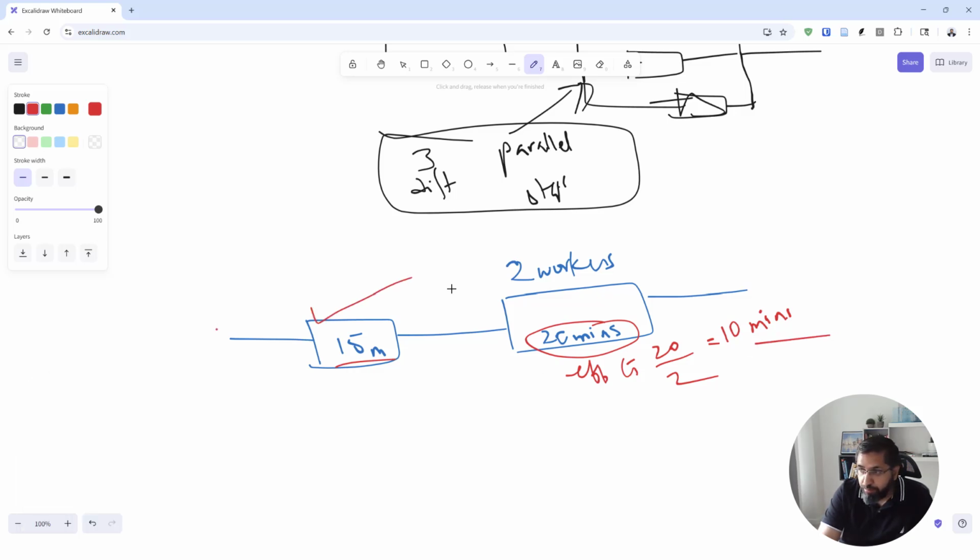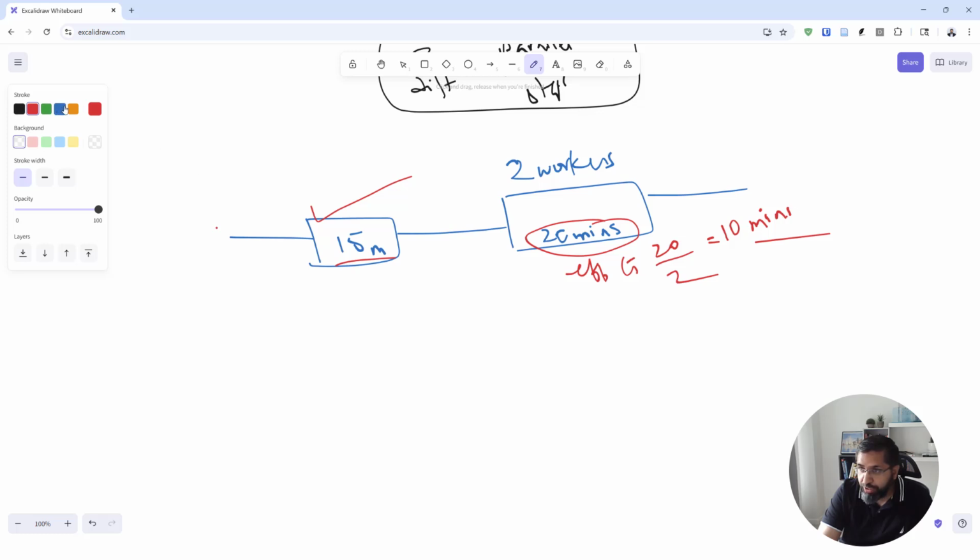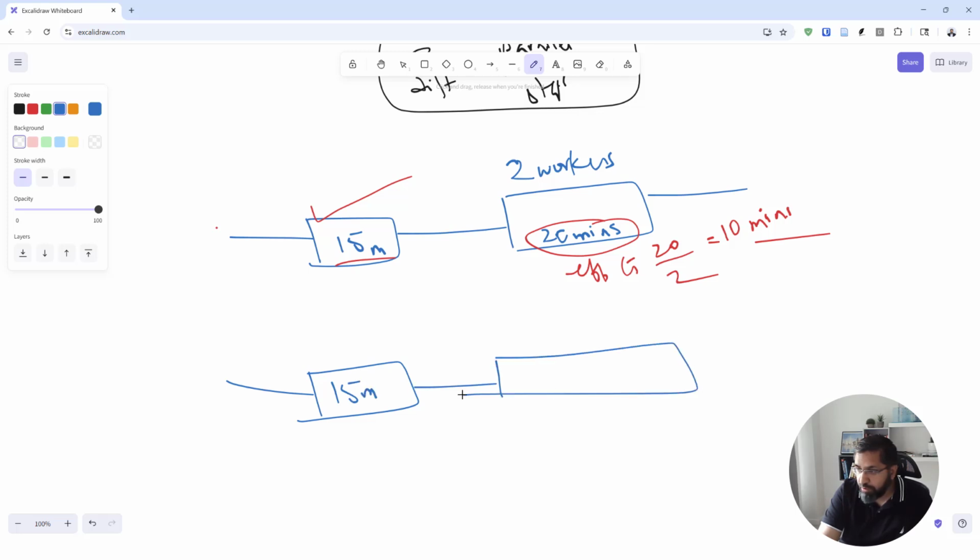But now we have a situation where the 2 workers take different times. So worker 1 takes 20 minutes and worker 2, let's say, takes 14 minutes. And now we can't say 20 over 2 or 10 minutes is the cycle time, because every 20 minutes, more than 2 things come out.